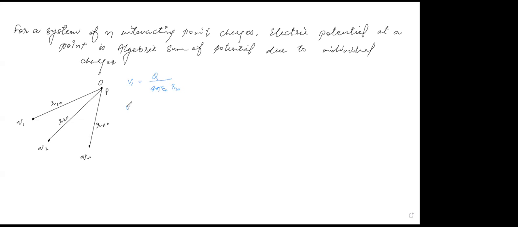So we can write here, due to the charge Q2, your potential will be V2, and we can write here, this is Q2 over 4 pi epsilon naught r20. And similarly, for the nth charge, you can write Qn over 4 pi epsilon naught rn0. Are you understand?